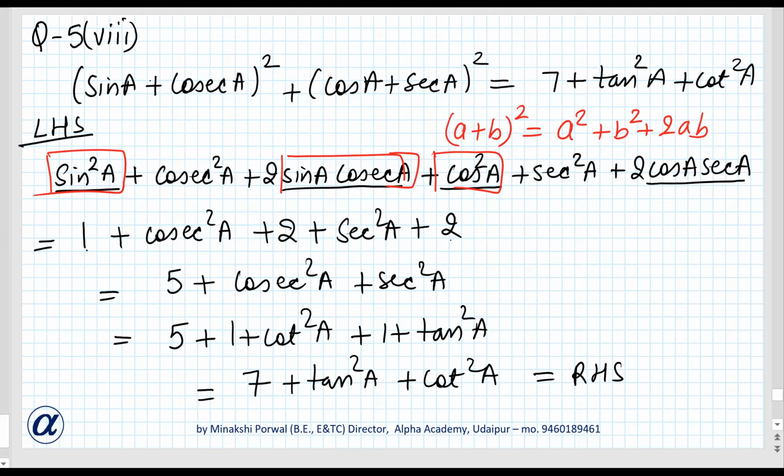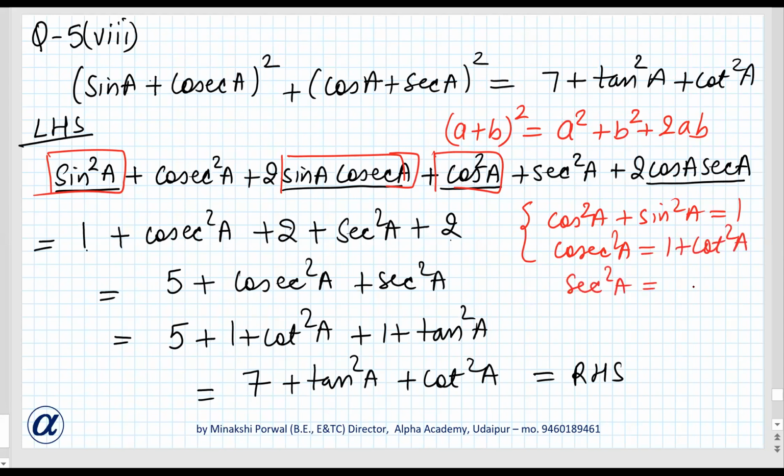And wherever you are using any identity, you can make a bracket and write cos square a plus sin square a equals 1. Then cosec square a equals 1 plus cot square a and sec square a equals 1 plus tan square a. So this is how we have to do this problem.